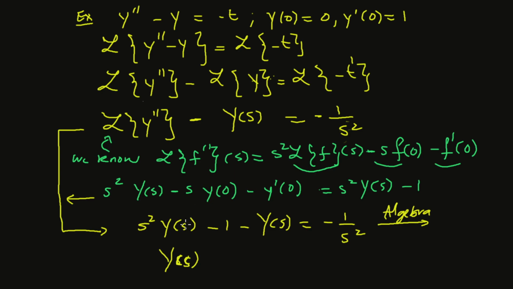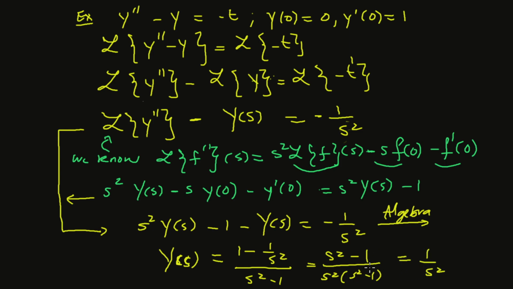So go ahead and solve for capital Y here, and you get this, and multiply up and down by s squared to simplify this, and you get this way, and we can simplify a little more and get 1 over s squared.